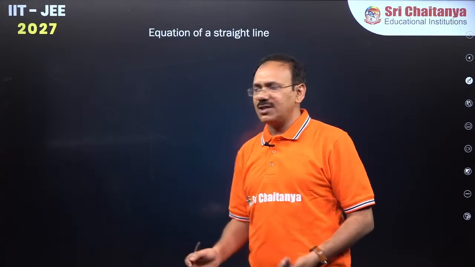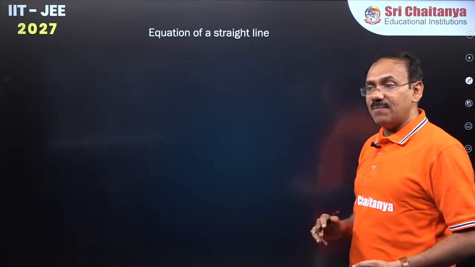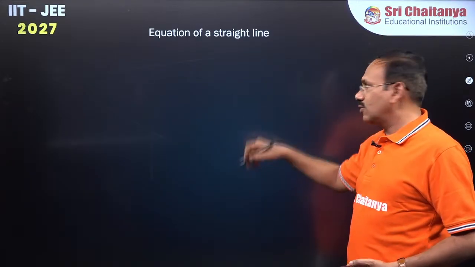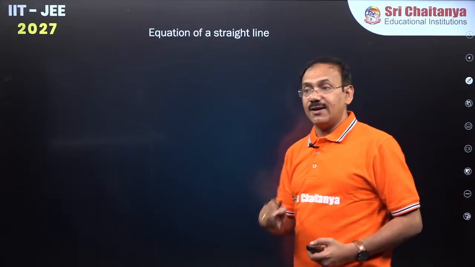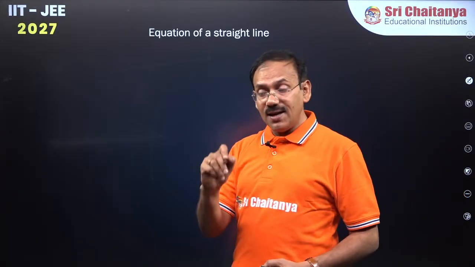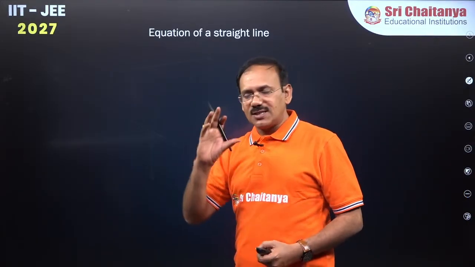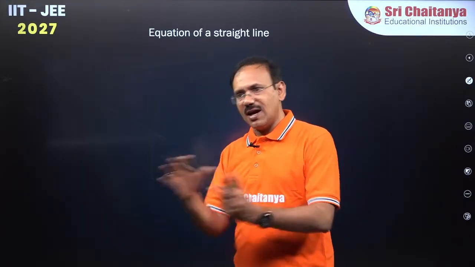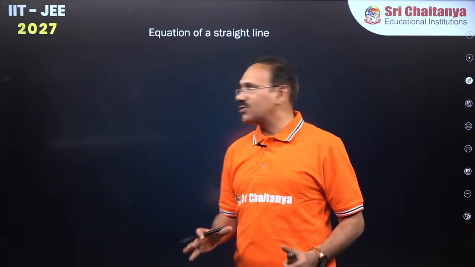Math is all about this, and math has made many impossible things possible. Here also, equation of a straight line made studying about the figures, especially circle, parabola, ellipse, hyperbola, which we frequently use in our scientific study, dear students.